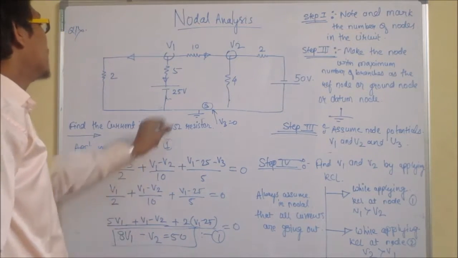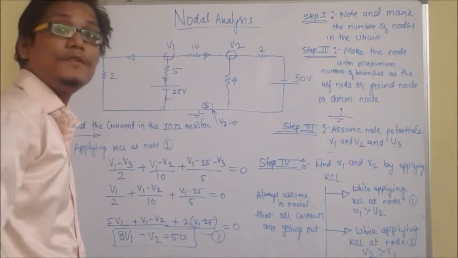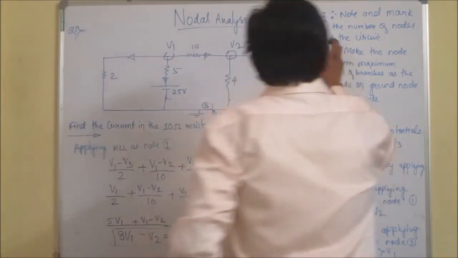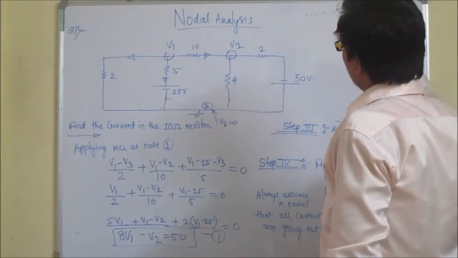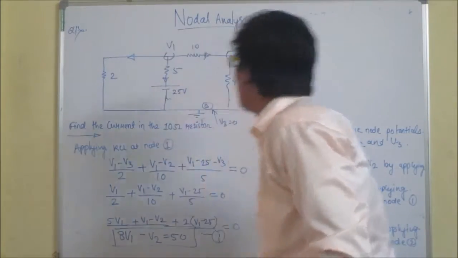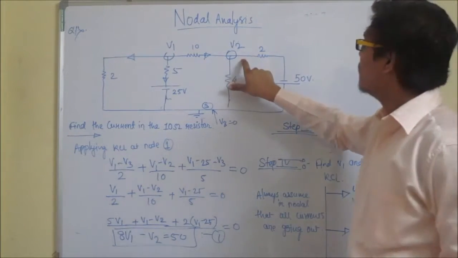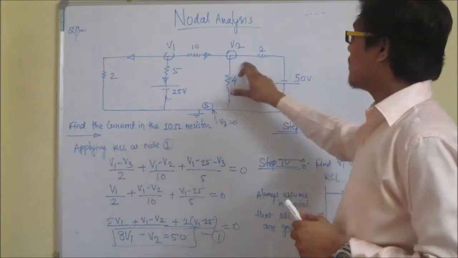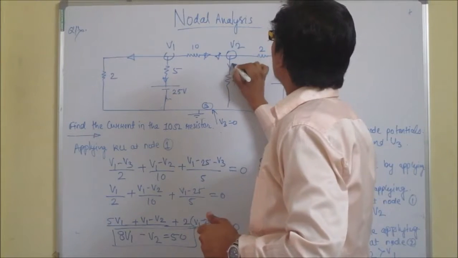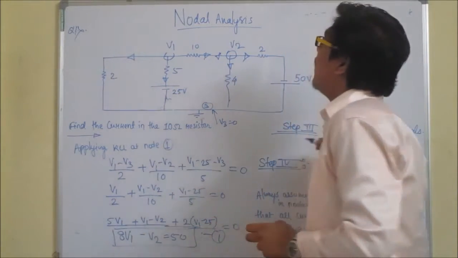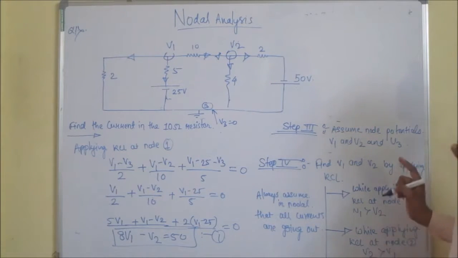Similarly, I will find the second equation for V2. I am just erasing the first two steps over here. Now, here again while applying KCL at node 2, I will assume that all the currents are going outside, and I will assume that V2 is greater than V1.